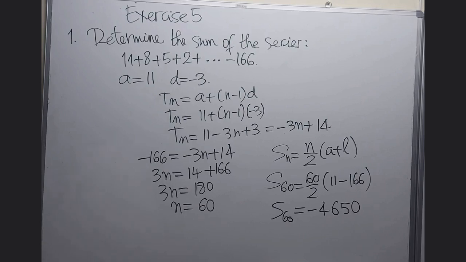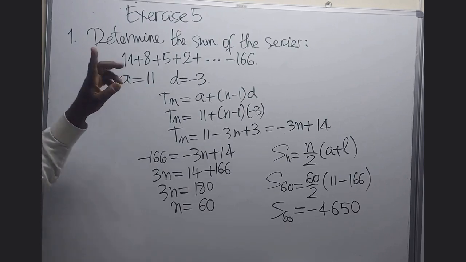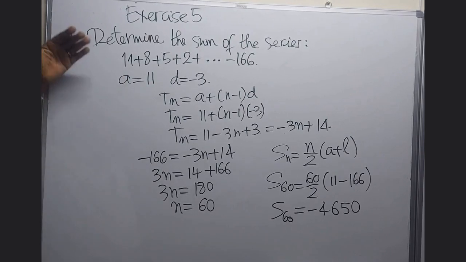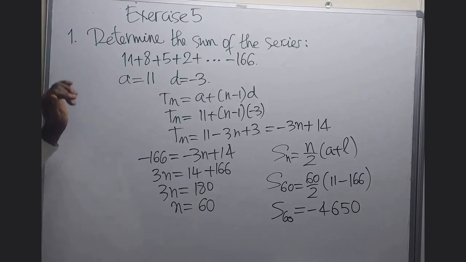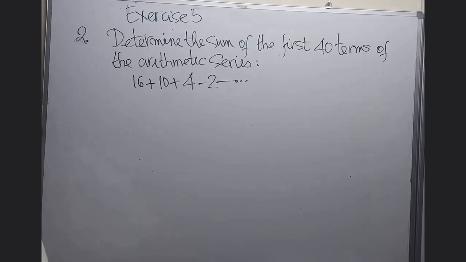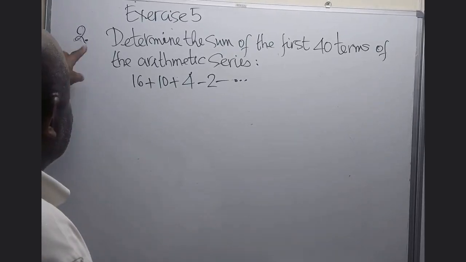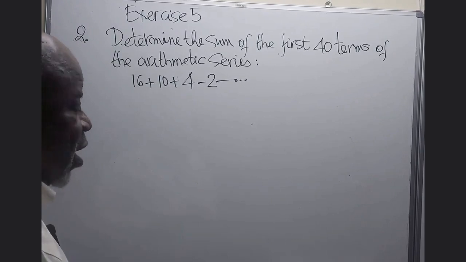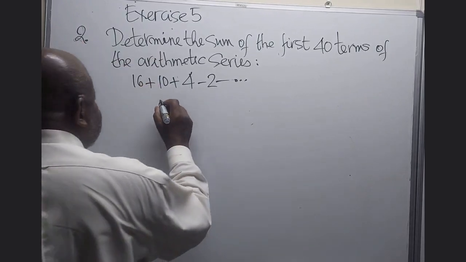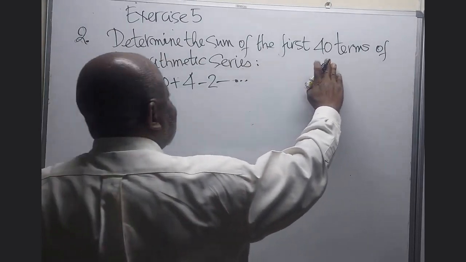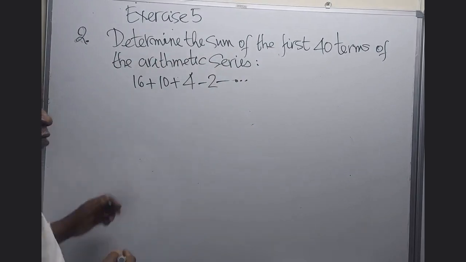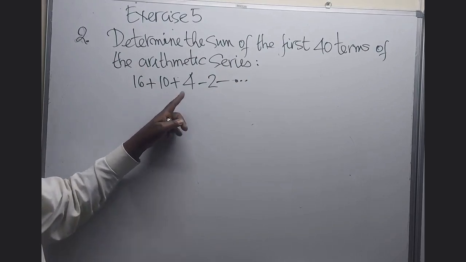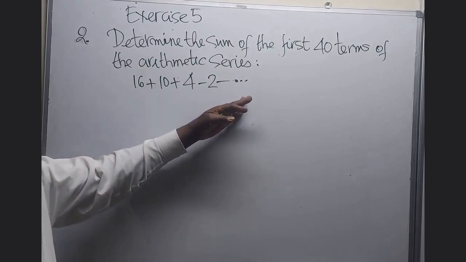We have practically solved this exercise 5, number 1. We're going to clean the board and go to the second one. This is number 1. We will take number 2. Okay, so this is exercise 5 number 2. Determine the sum of the first 40 terms of the arithmetic series 16 plus 10 plus 4 minus 2 and dot dot.